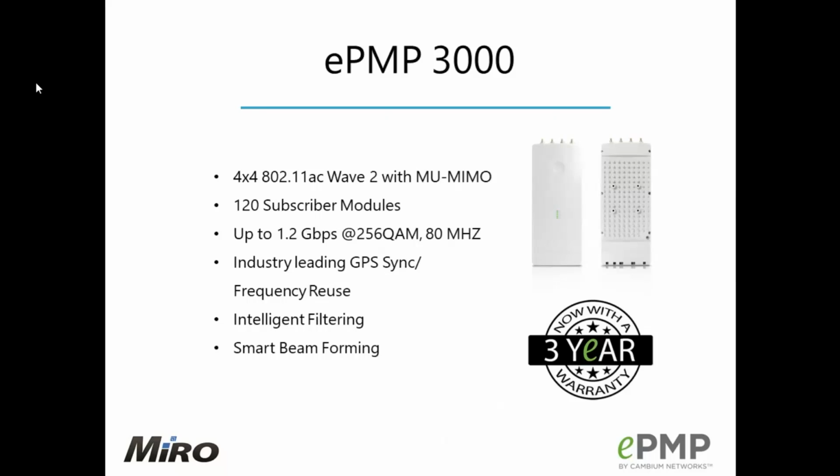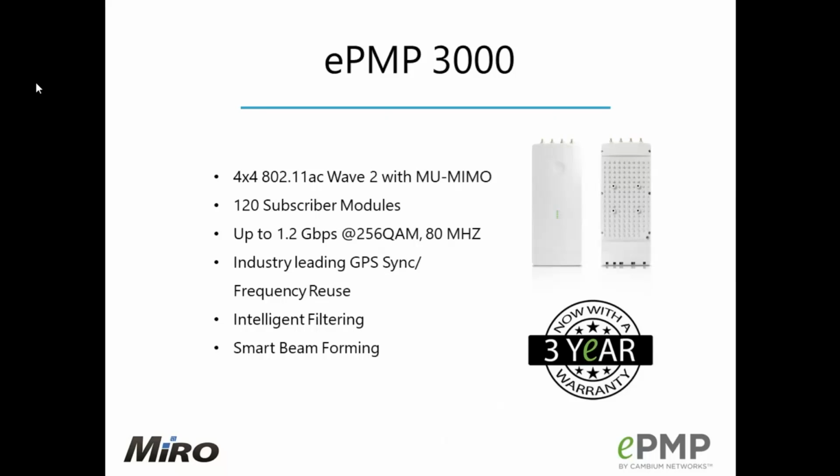Whereas a normal base station speaks to its subscriber modules or CPE devices, whatever you want to call it, in millisecond time slots, where the base station does a merry-go-round type scenario where in each millisecond time slot it speaks to a single subscriber module, with 4x4 MIMO you are speaking to two subscriber modules at the same time.